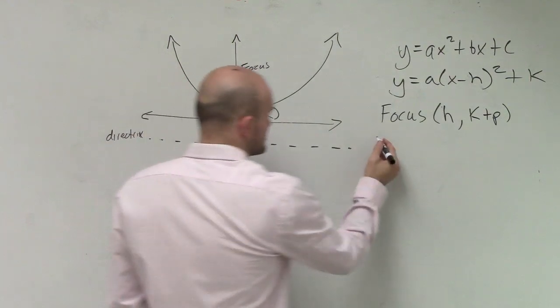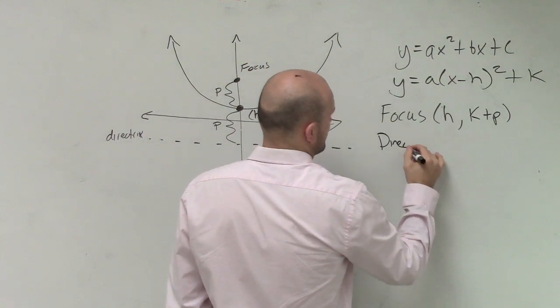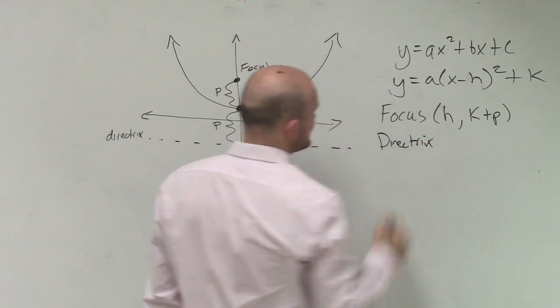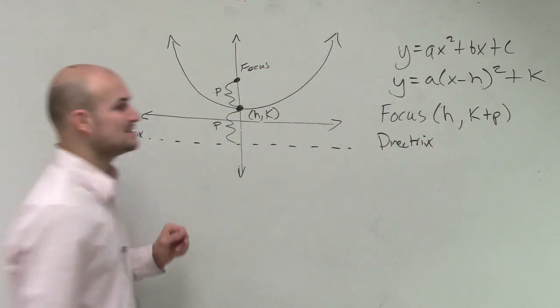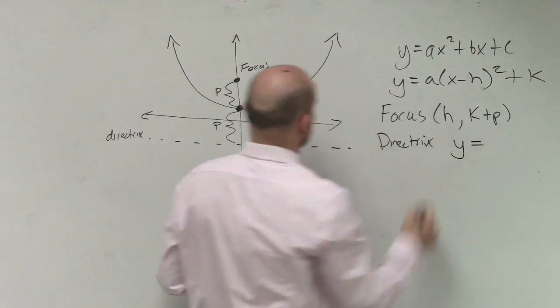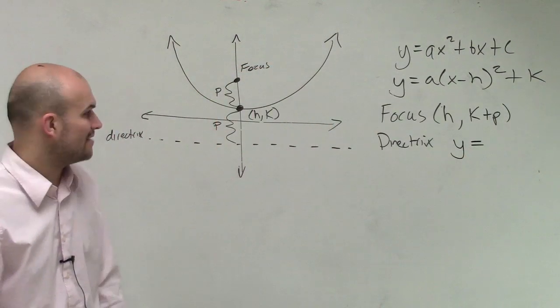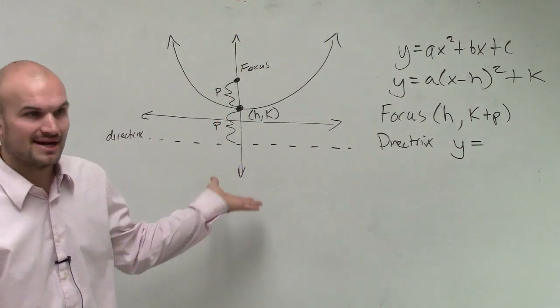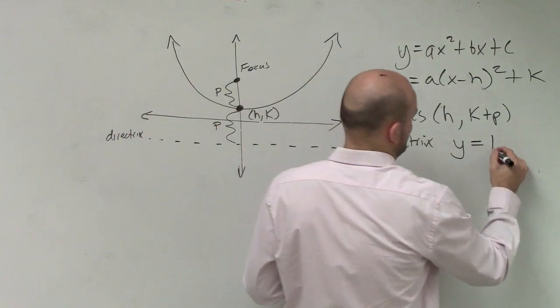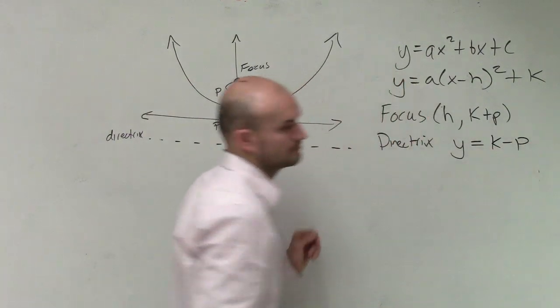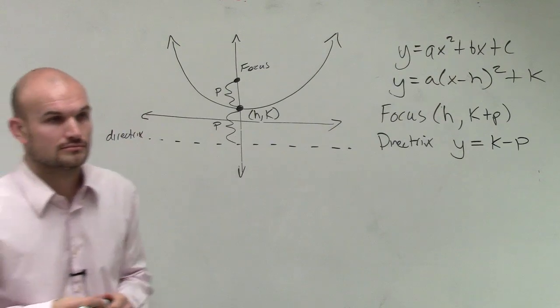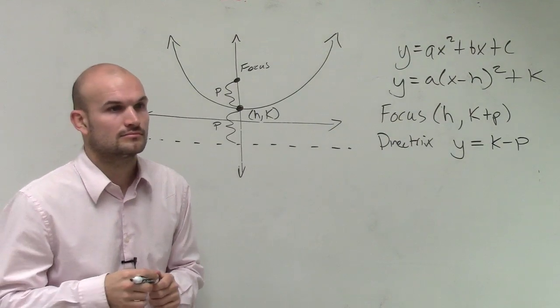Then our directrix is a line. Since it's a horizontal line, we're going to say y equals k minus p. Is there ever going to be a time when the directrix is above and the focus is on bottom? Yeah, absolutely.